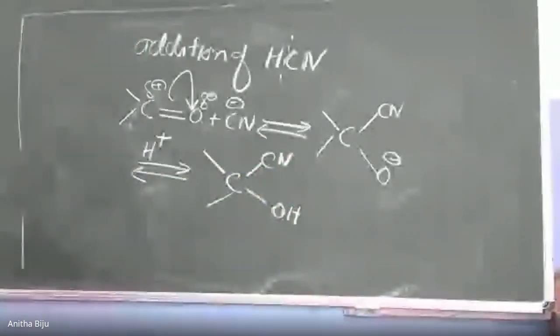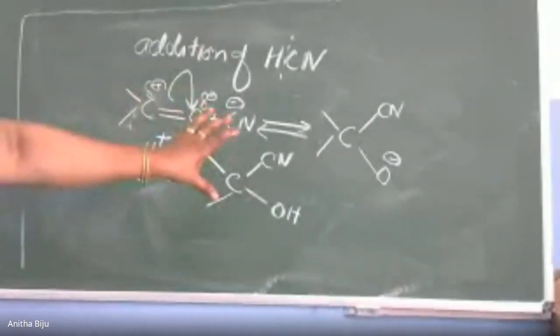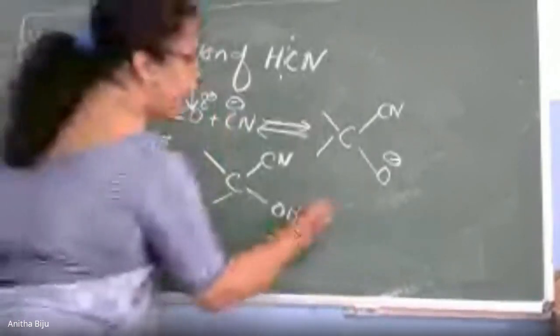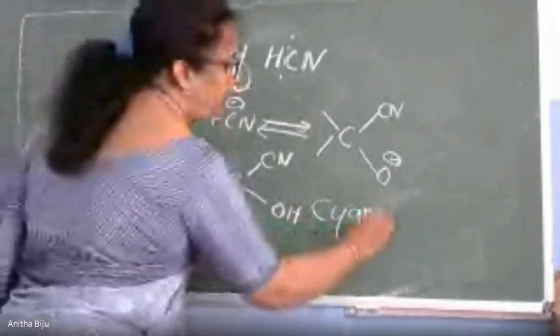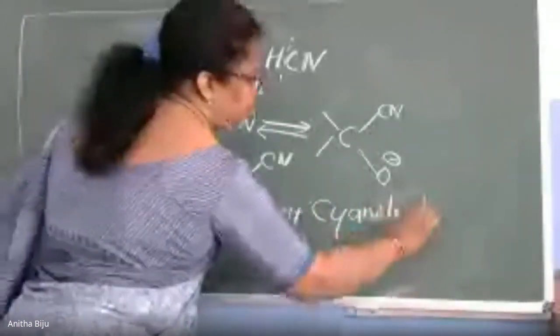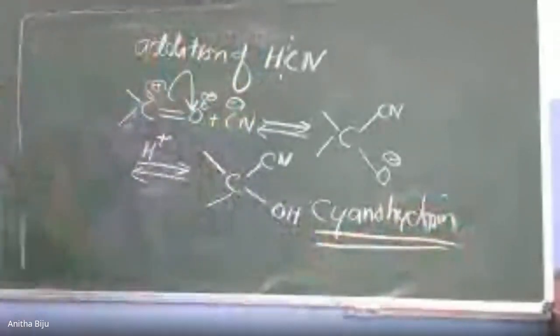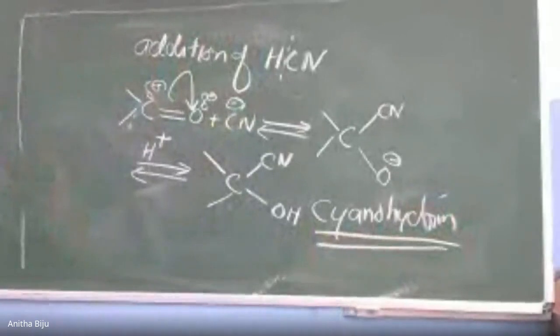This is the general formula, general addition of HCl, and the product obtained is known under the name cyanohydrin. Very important term. The product is known under the name cyanohydrin.